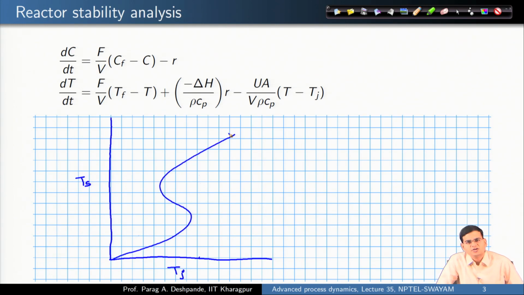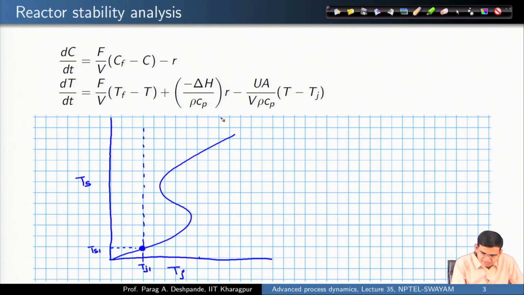You would be operating your system at certain jacket temperature. So, let me draw 3 vertical lines. These are the operational lines. If I drop the first vertical line here, I get this intersection, which means that for this jacket temperature T jacket 1, I will get this steady state temperature T steady state 1.